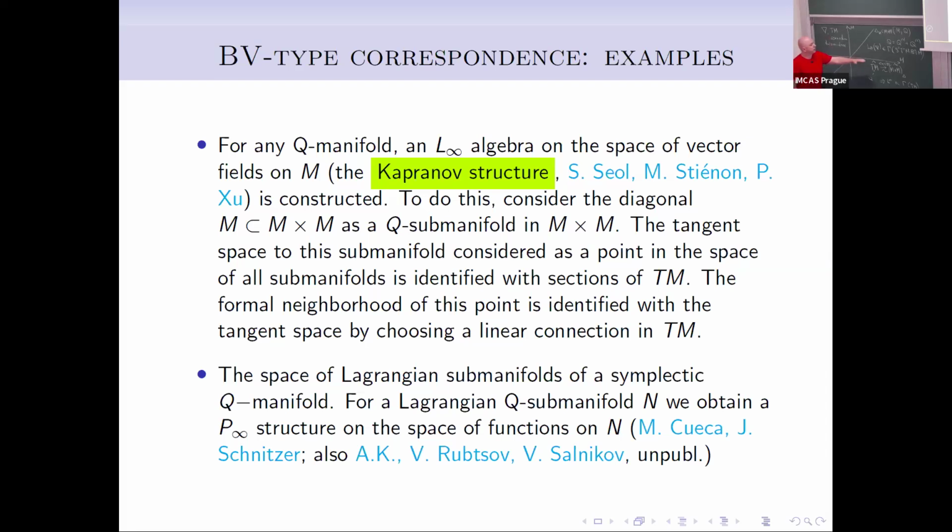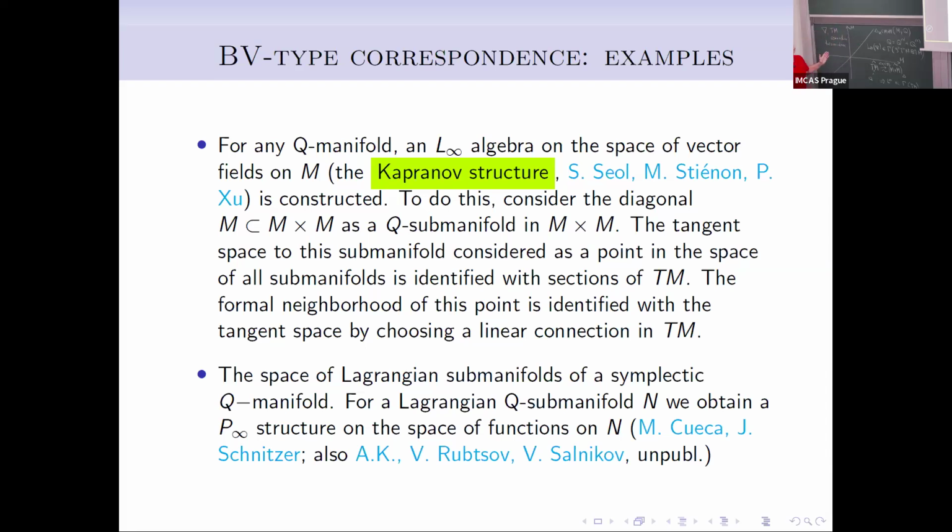So we have the space of submanifolds inside M cross M. There is a diagonal which is embedded here, which is a Q submanifold. And what we do here by use of the geodesic map, we can simply transform a little bit this Q submanifold. So this is precisely the picture which I explained before. So the Q submanifolds inside M cross M, these are actually graphs of some maps.